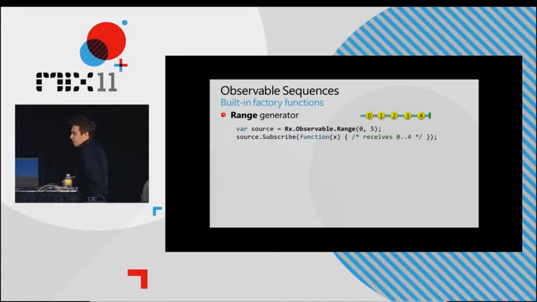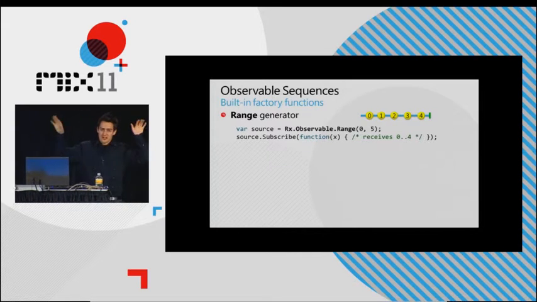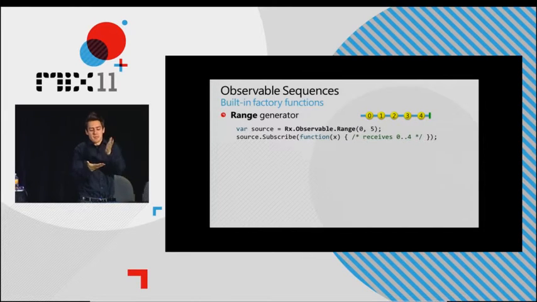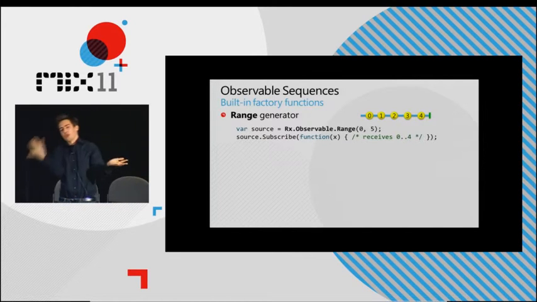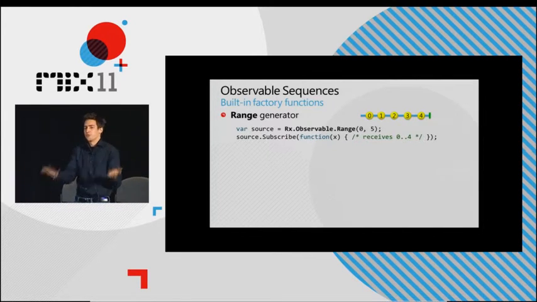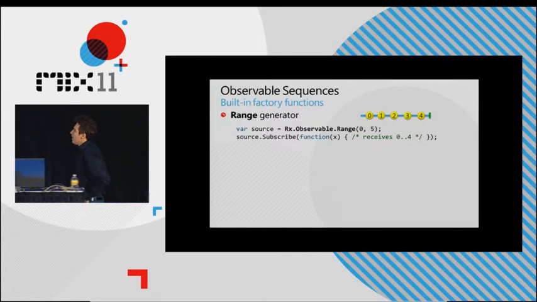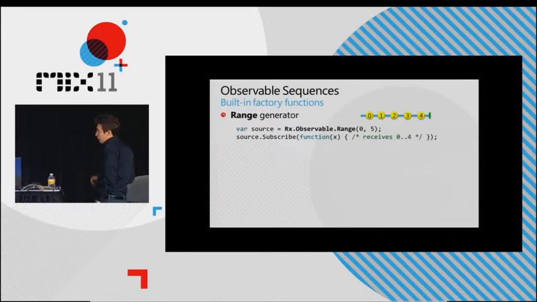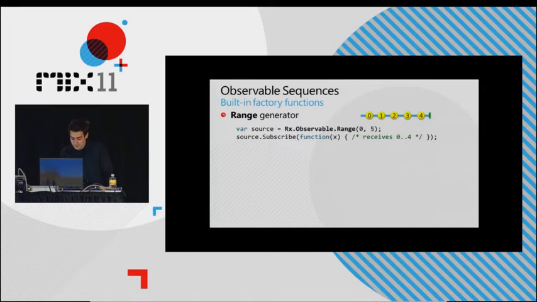Well, we have an overload, like an overloaded term in JavaScript, where we have the capability to pass in either a function or an observer. And depending on what you give us, we will do the right thing. So in this case, if you give a function, you basically say, I'm not interested in exceptions or completion messages. I'm just interested in the onNext handler. And that's fine for observable.range, because there are no exceptions coming out of that.